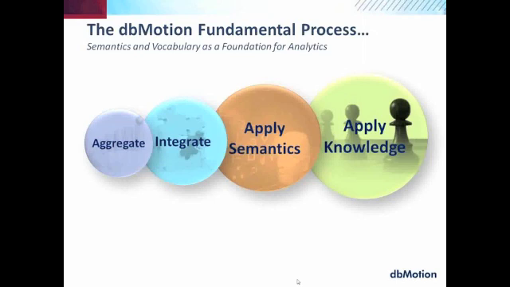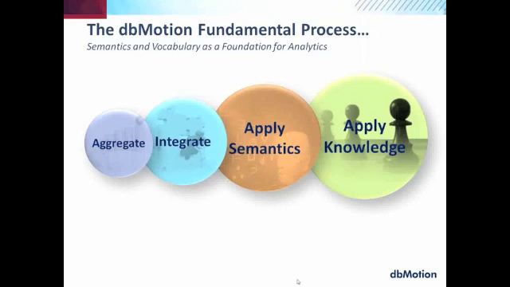So just as a brief introduction, when we talk about semantics and DB motion, I'll remind you of a couple things. We look at the idea of aggregating data as sort of being dinosaur technology. The idea of just gathering information, most of you know, is a reason why you picked DB motion above others, because you realize that that's not good enough.